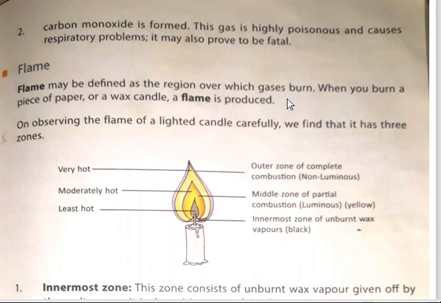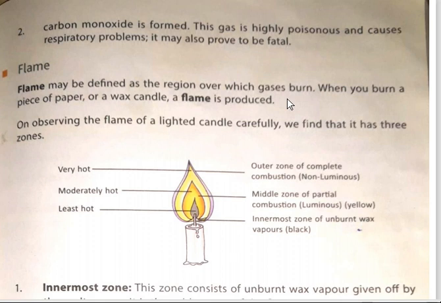Second, carbon monoxide is formed during incomplete combustion, because incomplete combustion is due to an insufficient supply of air. This gas is highly poisonous and causes a lot of health problems.